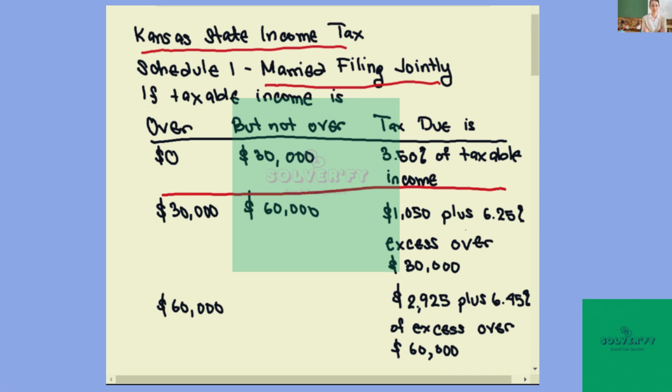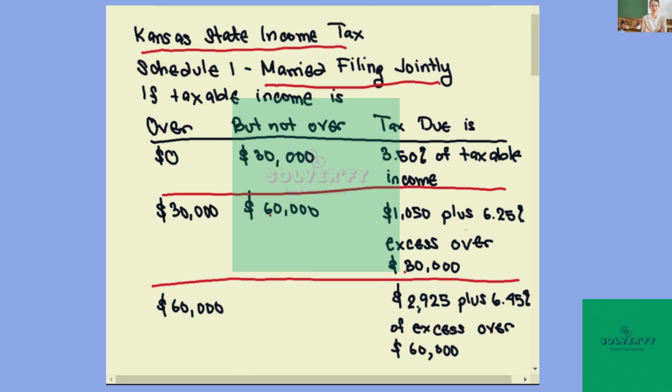Now, what if the combined taxable income goes beyond $30,000 but not beyond $60,000? That puts the couple in category two, wherein the tax due is $1,050 and then 6.25% of the amount above $30,000.